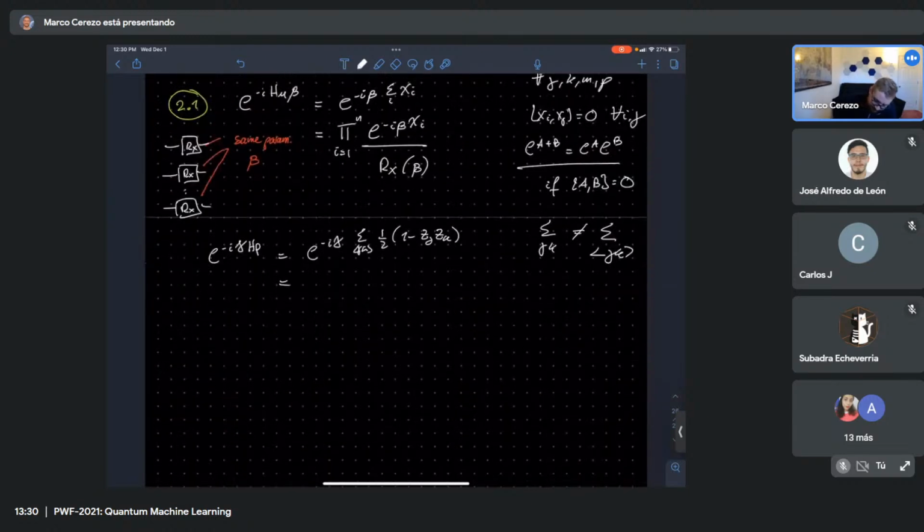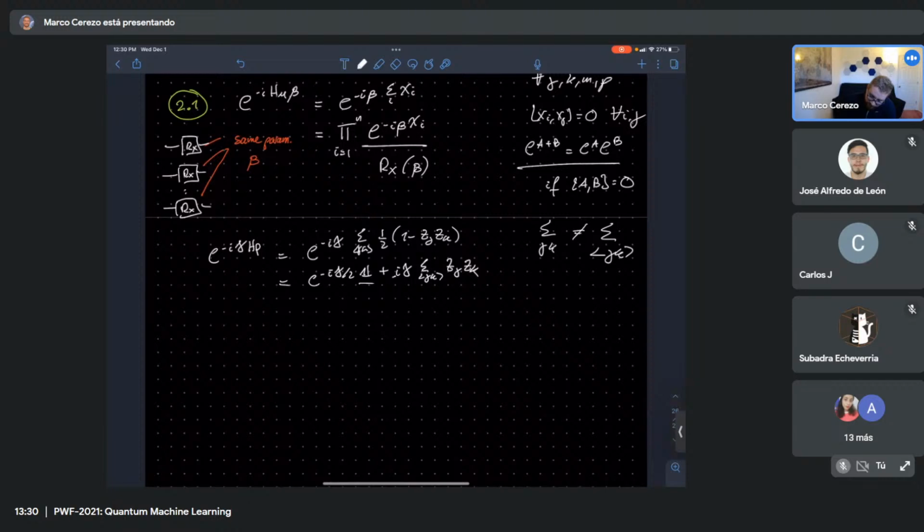So let's go back to this e to the minus i gamma. We can split this into a summation with an identity here, plus i gamma summation over jk of zj zk. So again, because everything commutes, we can just start splitting things around.